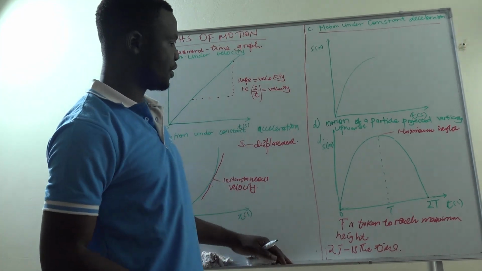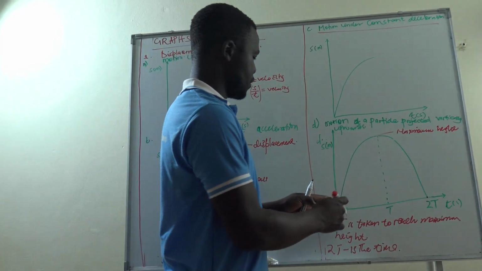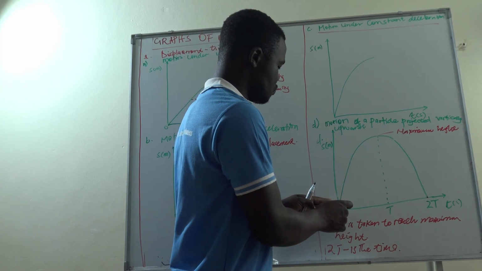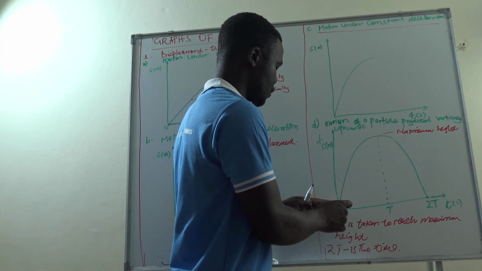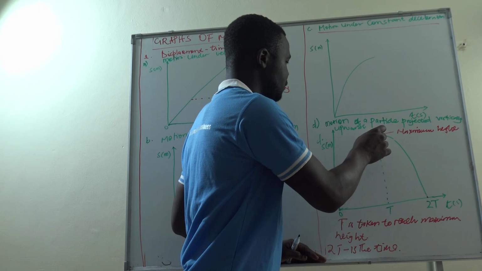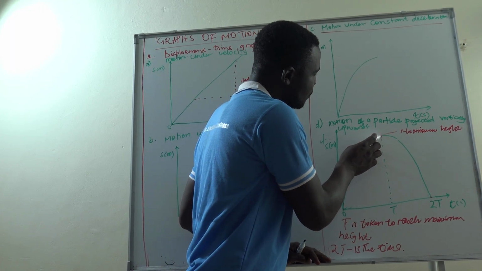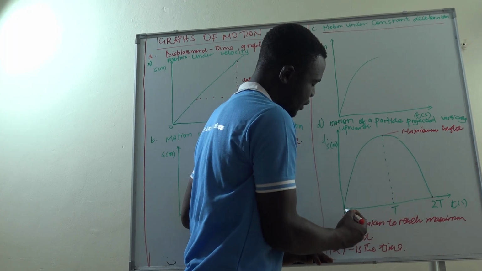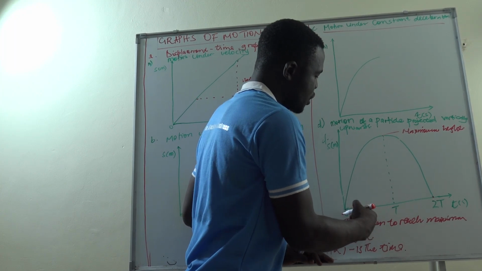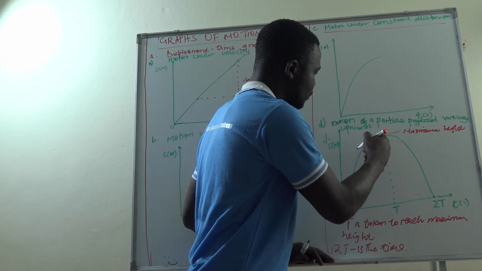When you observe this graph, it shows you that the time taken to move from the point of projection up to this maximum height, and then from the maximum height back to the same horizontal level as the point of projection, is twice the time taken to reach here.